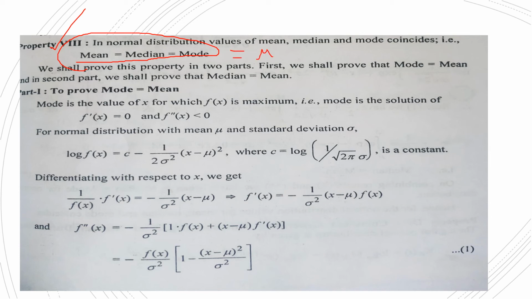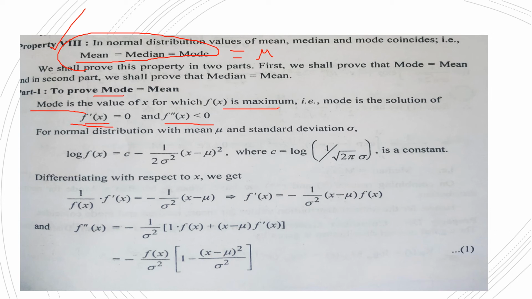Now first we will find the mode, and we know that mode is the value of x for which the function has maximum probability. So how will you find the maximum value? If its derivative is 0, then its double derivative will be negative. So in order to calculate this derivative, first of all we will take the log of f(x).